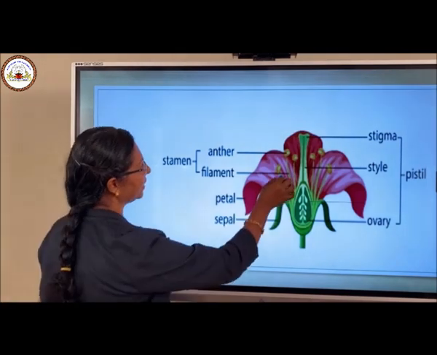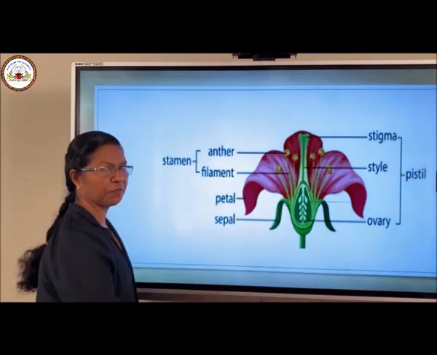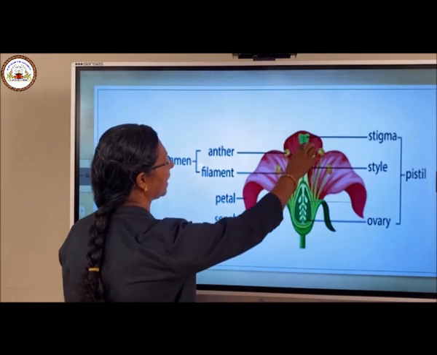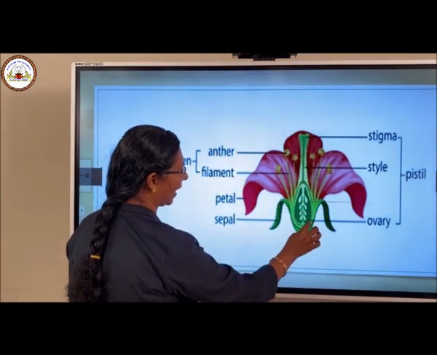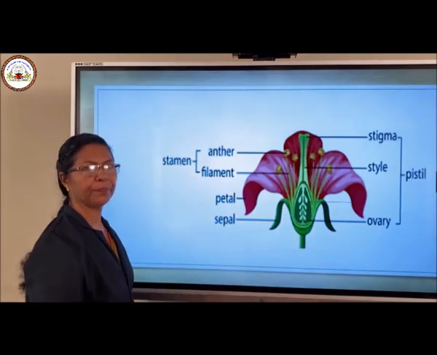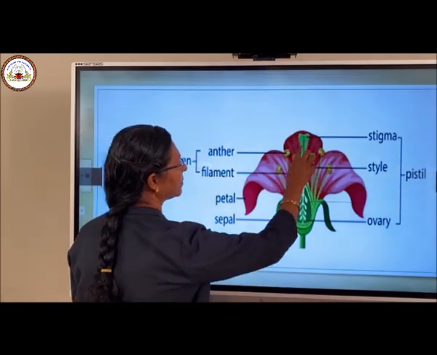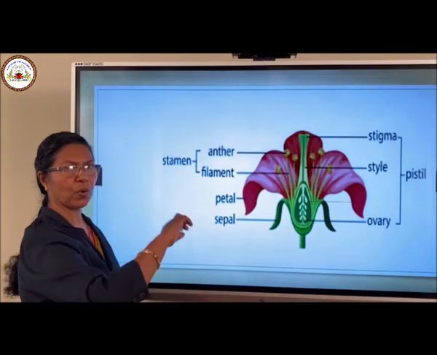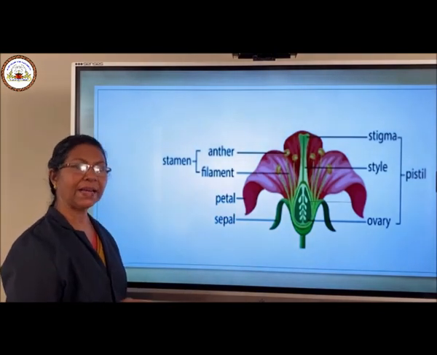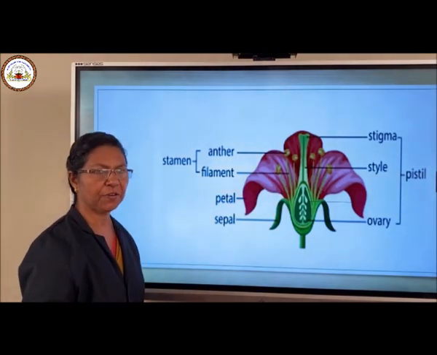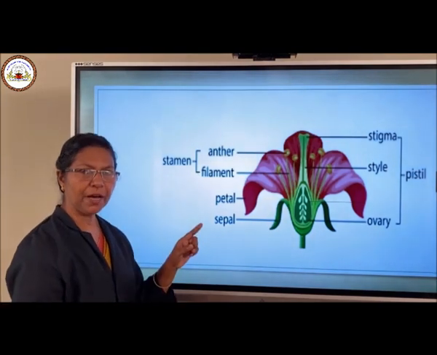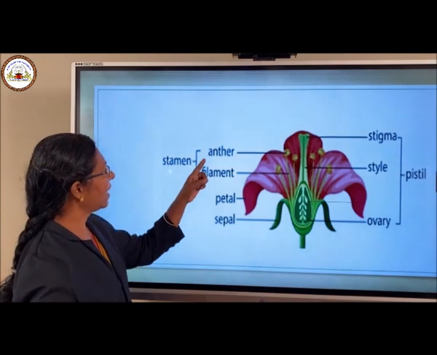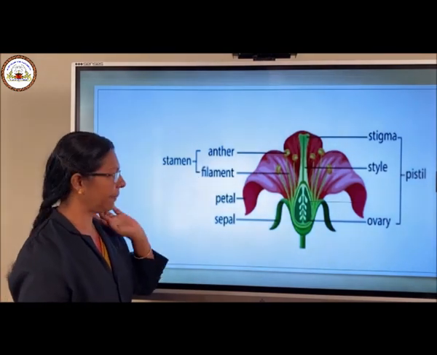Pistil is the innermost part of a flower, and in the pistil we can see stigma, style, ovary, and here you can see ovule. The stigma, style, ovary and ovule constitute the pistil, and it is the female part of a flower. Then the stamen is the male part of a flower, and it contains anther and filament.